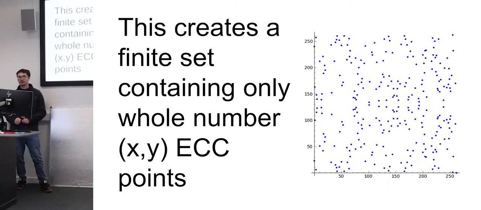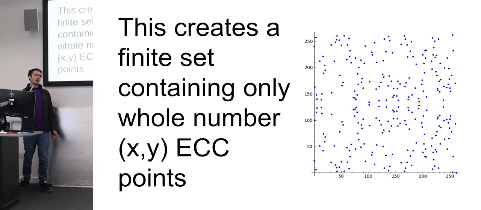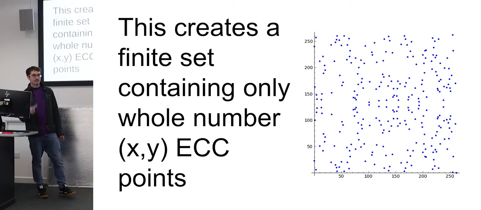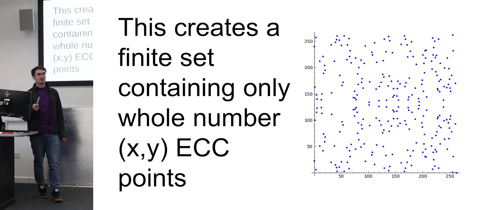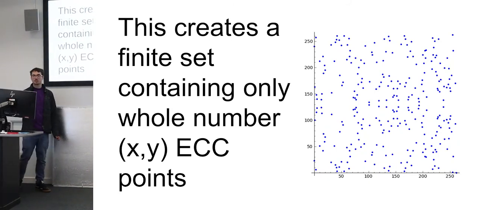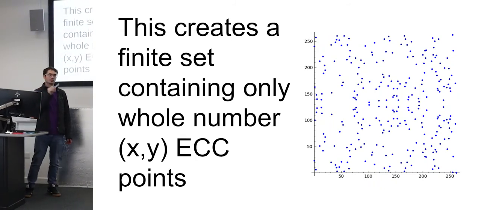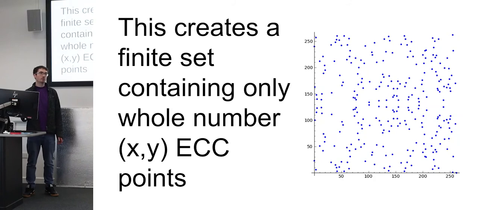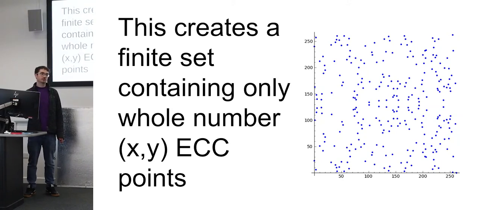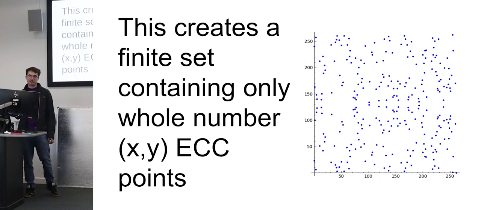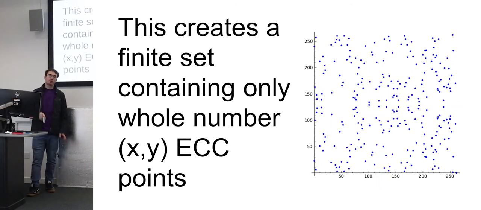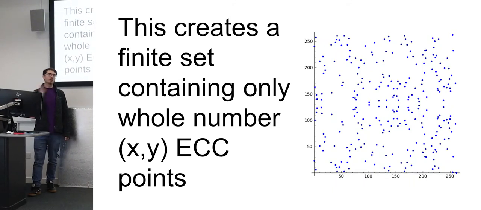And basically what that's doing is saying, okay, you can only be a point on this set if, when we're drawing this elliptic curve, it goes through whole-numbered positive x, y coordinates, right? Because we've already said, all these points on the elliptic curve that aren't whole numbers, we're just throwing them away.